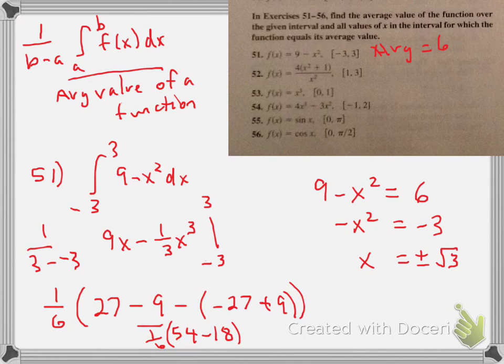So in that interval at negative radical 3 and positive radical 3, the function equals its average, which is important if you know an average over time. This is our function, something like that. Two different places in that interval, the function equals its average.